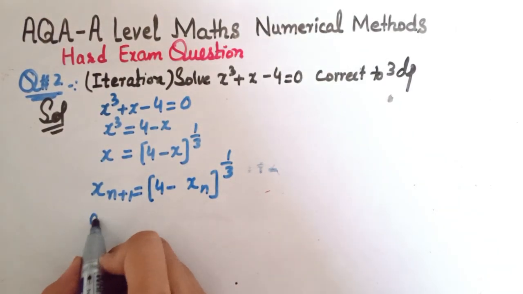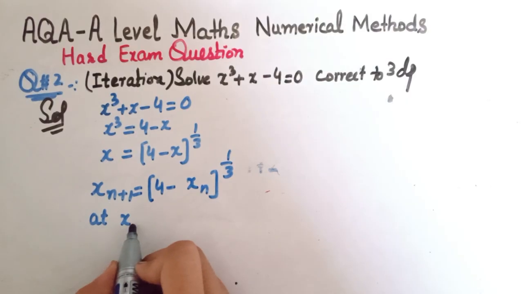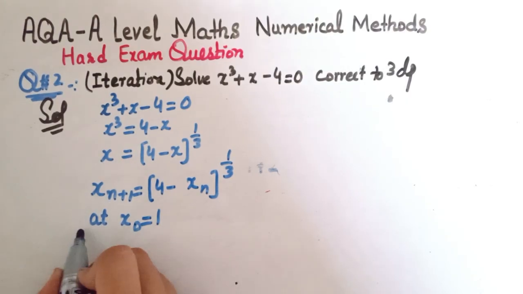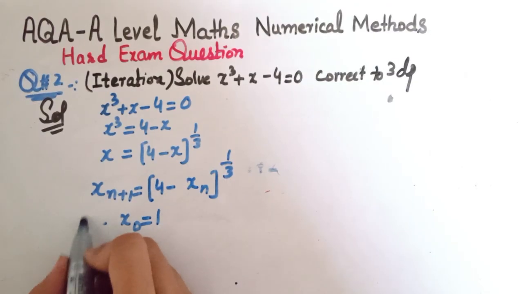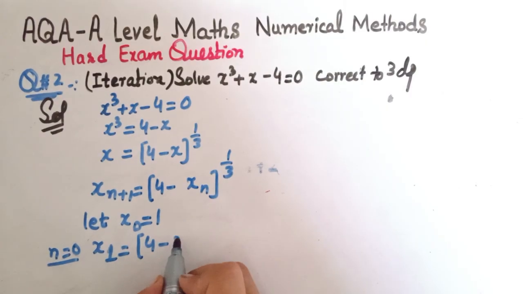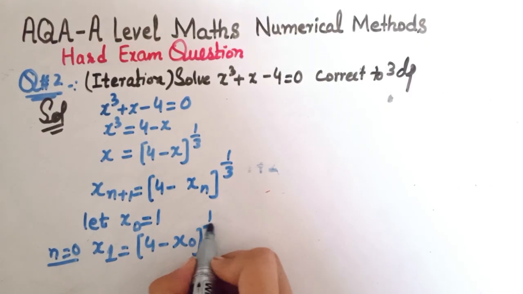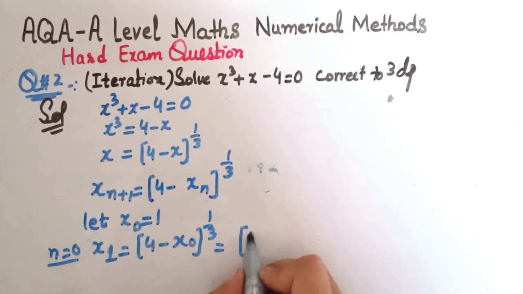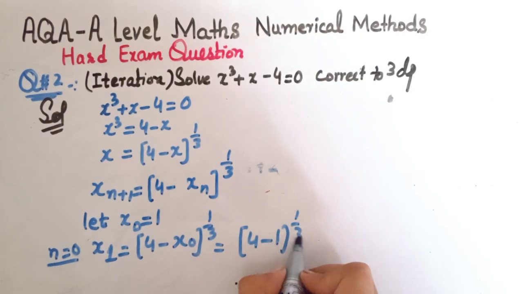First of all, let's suppose x0 is 1. When we put n equals 0, x1 equals 4 minus x0 to the power 1 by 3. That means 4 minus 1, to the power 1 by 3.